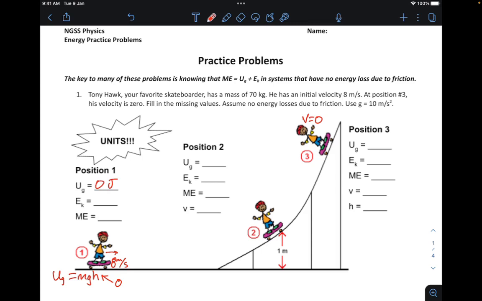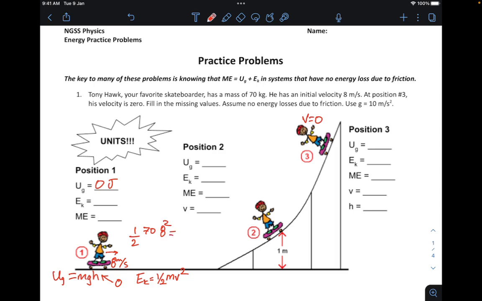Okay, well, let's see. Kinetic energy. Well, we know from our NGSS equation sheet and also from what we did in class that kinetic energy is equal to 1/2 mv squared. Now, the important part about this is you have to do the square first. So, if I plug in the numbers here, I get for his kinetic energy 1/2 times his mass, which is 70, times his velocity, which is 8 meters per second, but that has to be squared first before we do anything else.